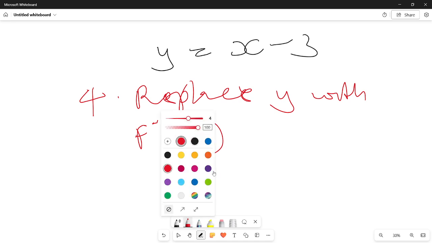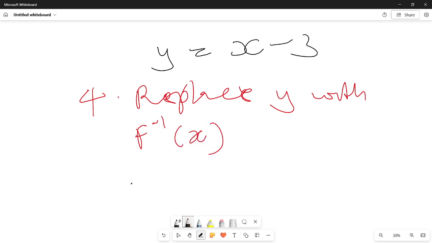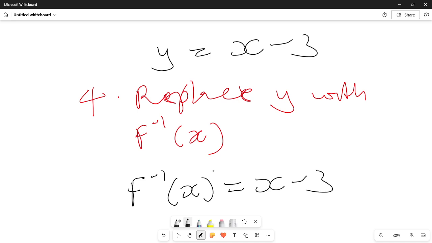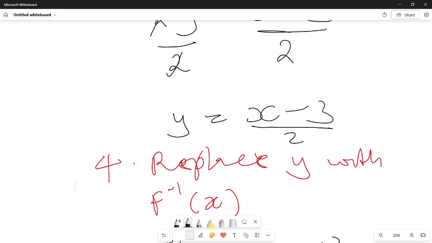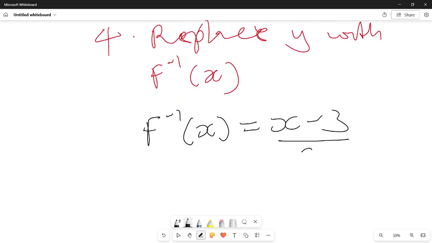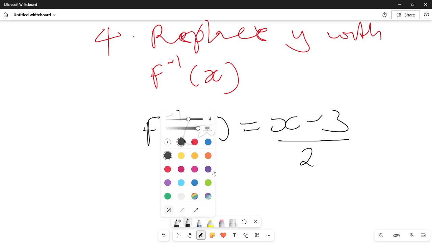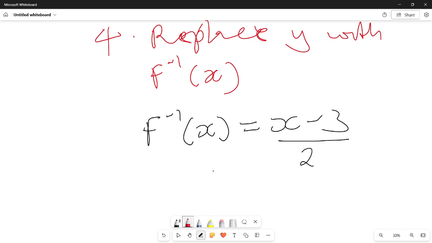Meaning that in our case, we are going to have f inverse of x, which is equal to x minus 3 divided by, so here I forgot to write divide by 2. So this is divided by 2. So that's the inverse function. So right here is the inverse function.